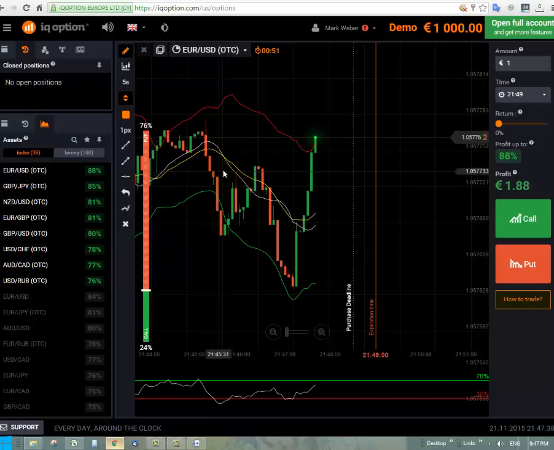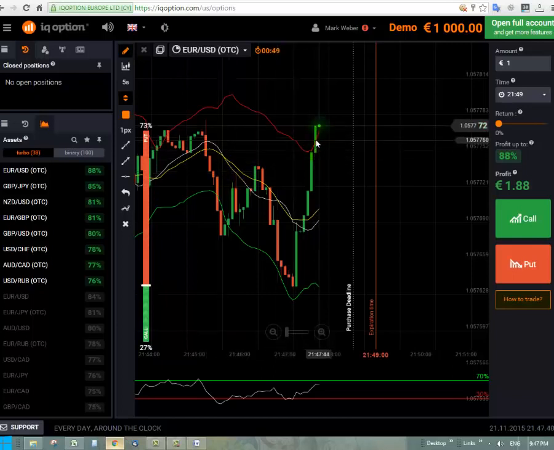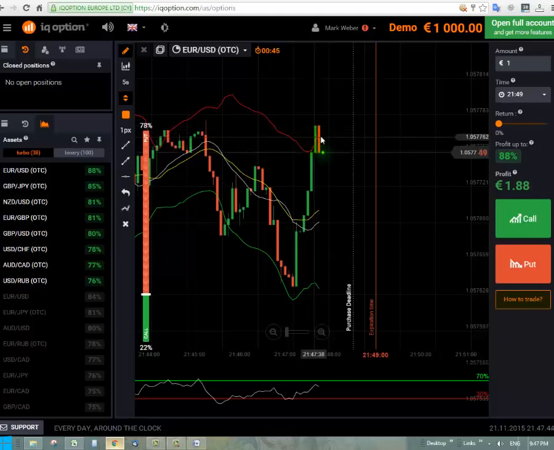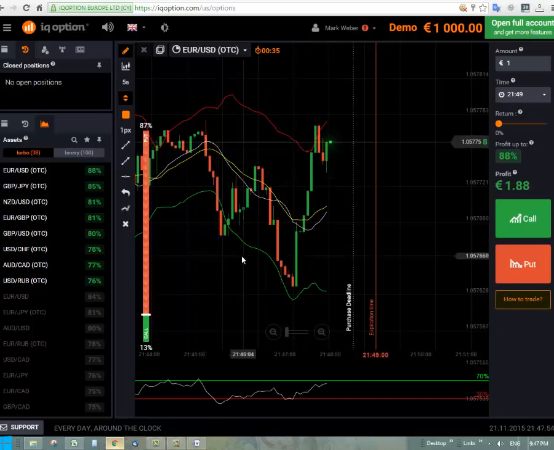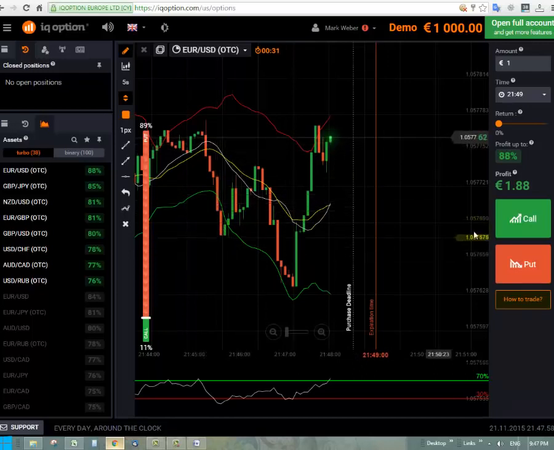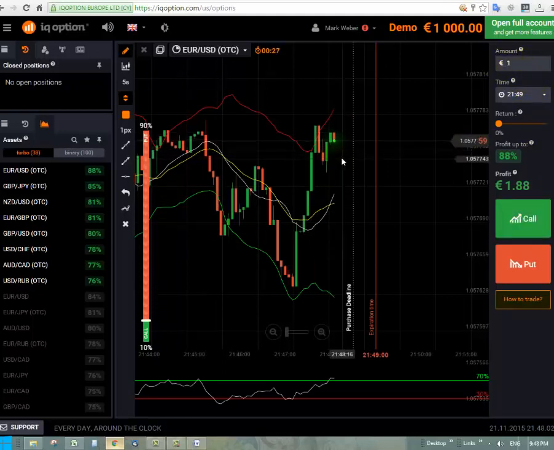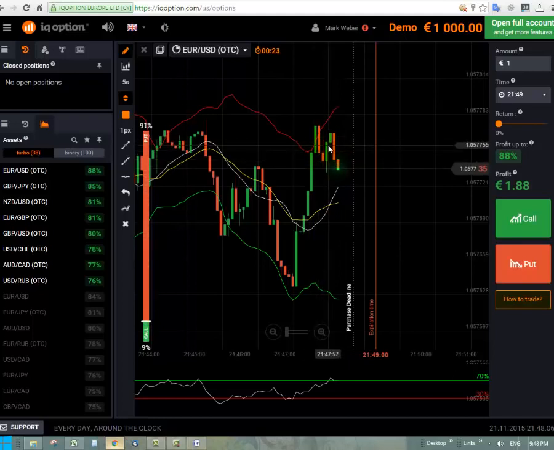So our strategy is, when the price of the asset hits the upper line, then we make a put on €1. And if the price of the asset hits the bottom line, then we make a call again for €1. So let us see it in action.